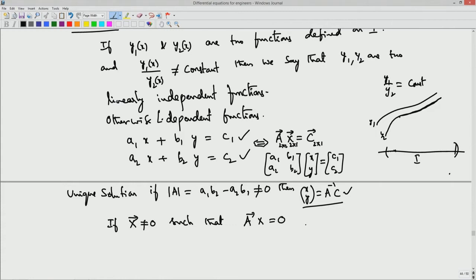If I choose C1 and C2 as 0, 0, then I will have a unique solution when A has an inverse. So if I have a system for which there is a non-zero solution, then the determinant of A must be equal to 0. If the determinant is non-zero, I can invert it and will get only x equal to 0, but it is given that x is non-zero.